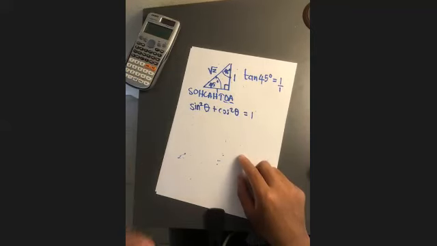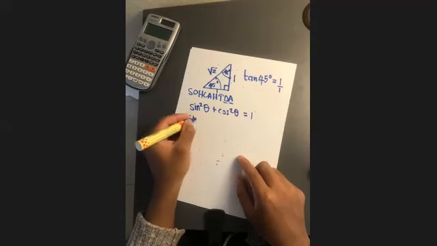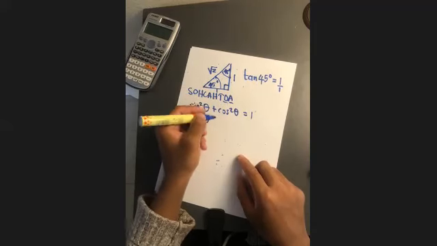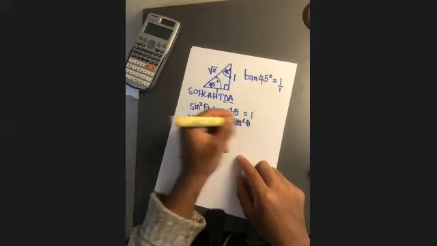If you want to find, for example, sine squared theta, obviously we transpose to the other side, so it's equal to 1 minus the cosine squared of theta.